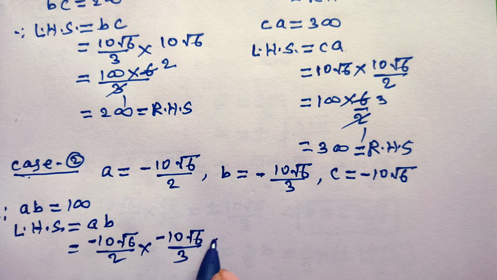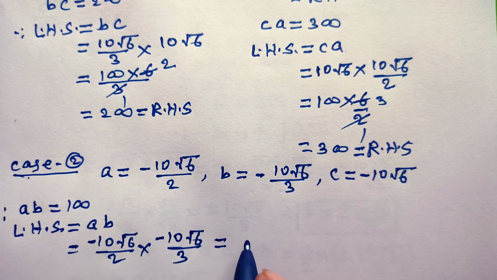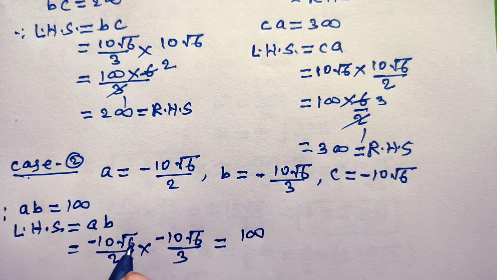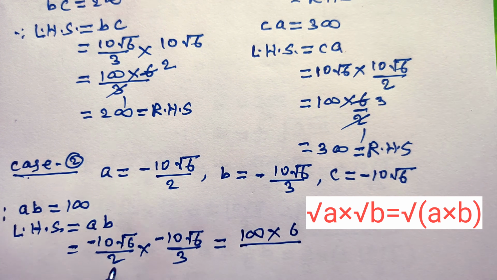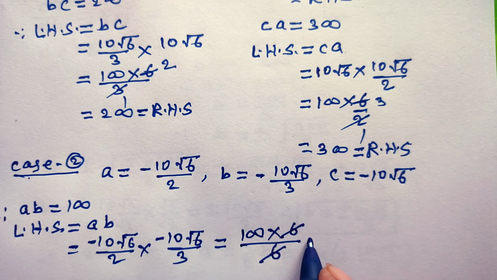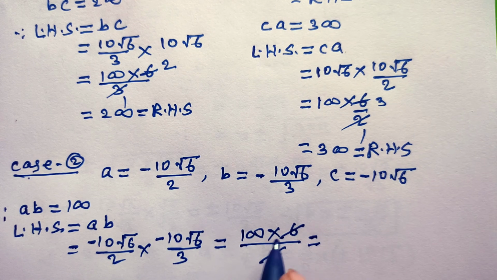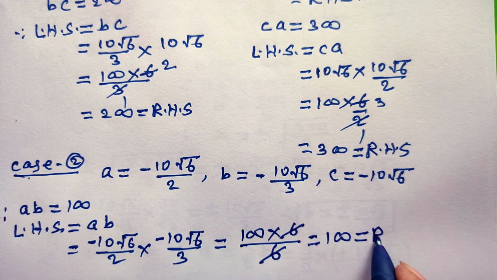This is equal to minus into minus plus 10 into 10, 100, root 6 into root 6, 6 divided by 2 into 3, 6, 6 gets cancelled, and this is equal to 100 into 1, 100, which is RHS.